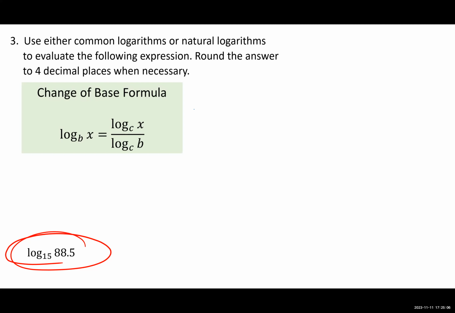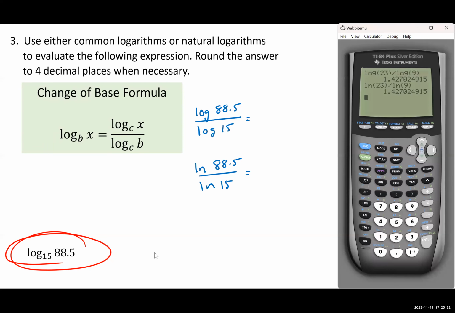You could either do the log of 88.5 over the log of 15, and that'll give you the answer, or you could do the natural log of 88.5 divided by the natural log of 15, and that will give you the answer. Same answer. You don't have to do both. It's one or the other.